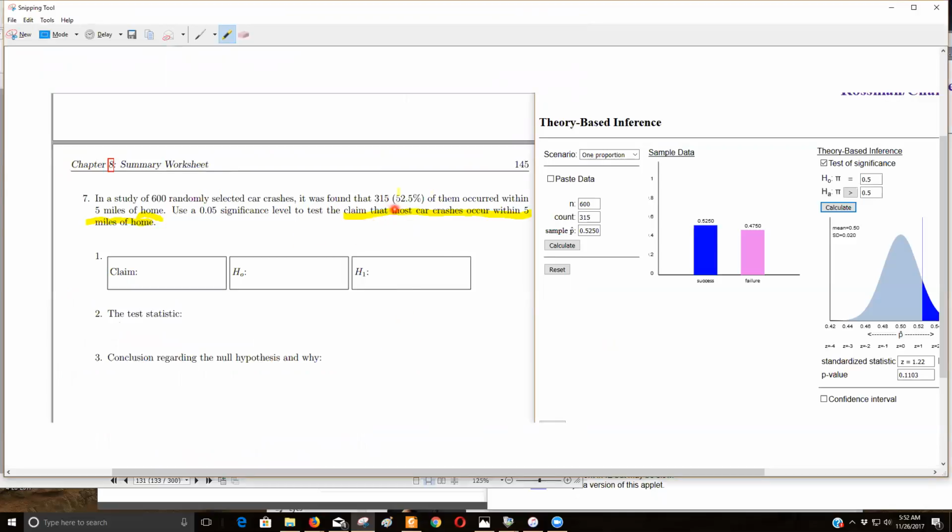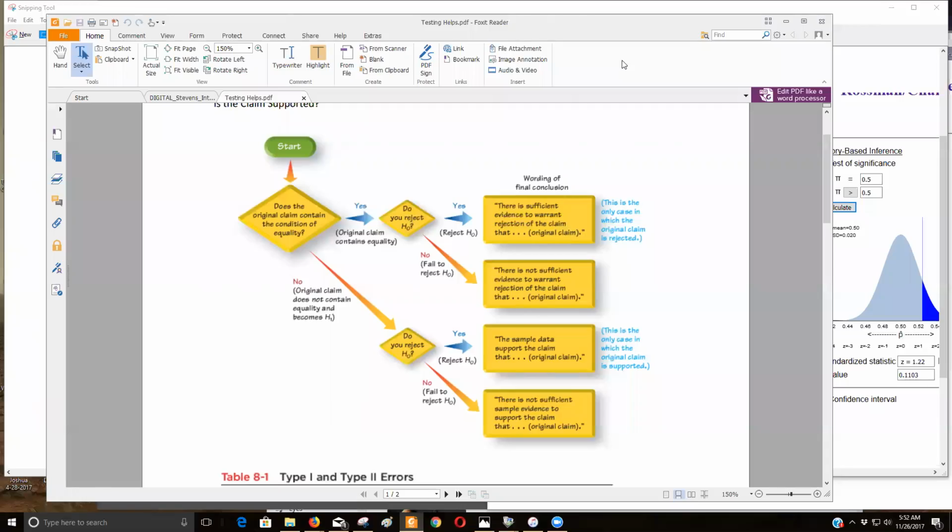Now, if we go find that flow chart, let me pause this recording and I'll come back. So if I look at the flow chart that I provided you from Mario Triola's textbook: did the original claim contain the condition of equality? In other words, was your claim H0? It was not. Did we reject H0? No. So then Triola says there is not sufficient sample evidence to support the claim that most car accidents occur within 5 miles of home.